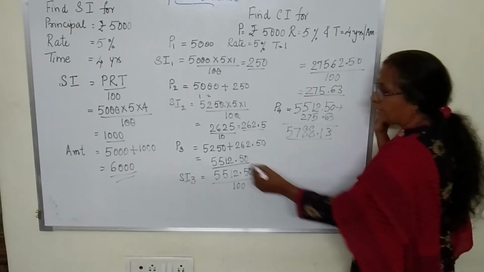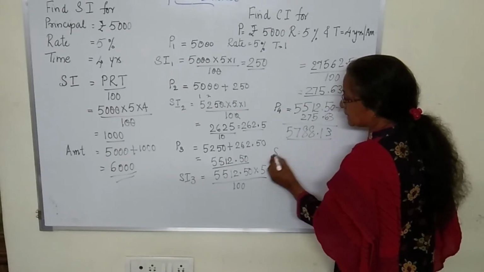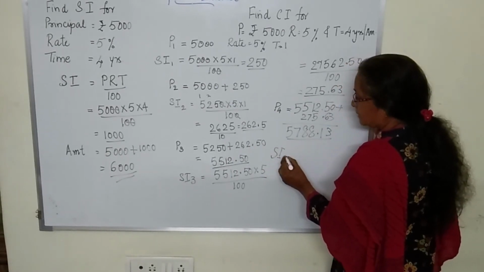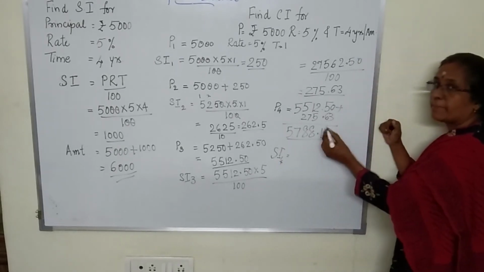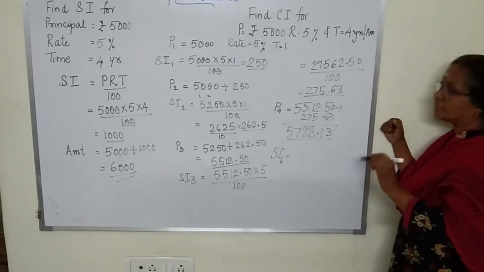Now we have to find SI4. How to find it? This amount multiplied by 5 upon 100.